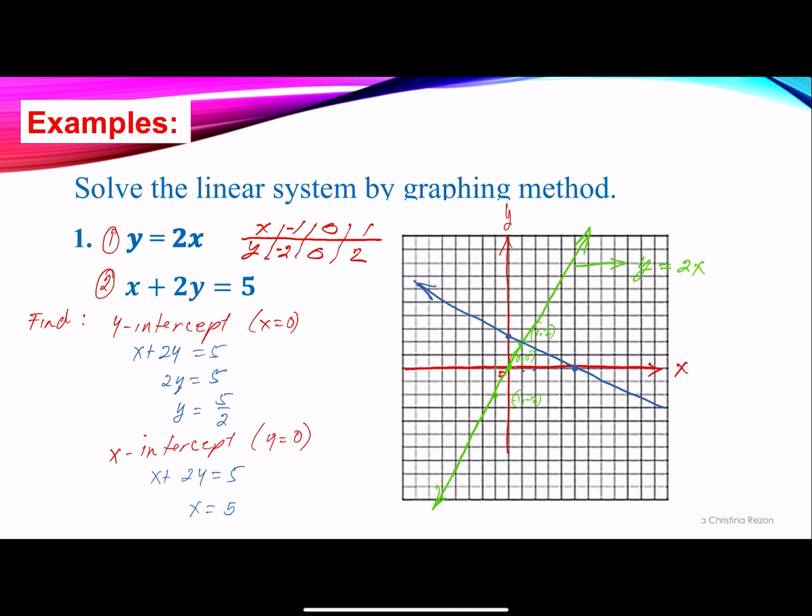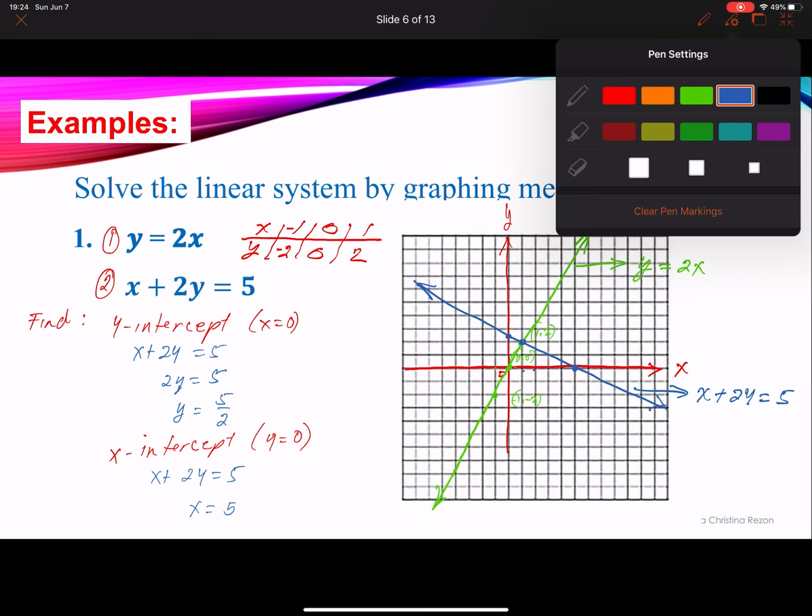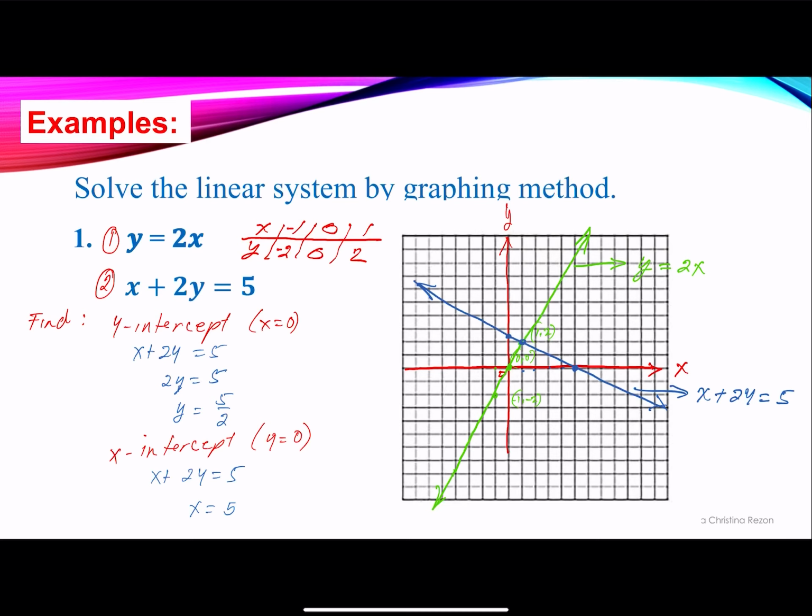Then this is now the graph of your line x plus 2y is equal to 5. So the point of intersection, the two lines intersect here. So this is your point of intersection.